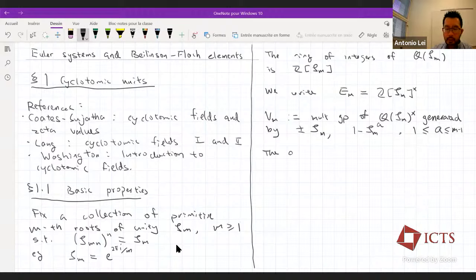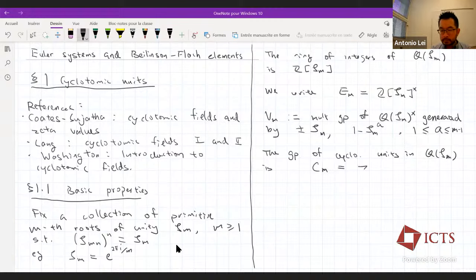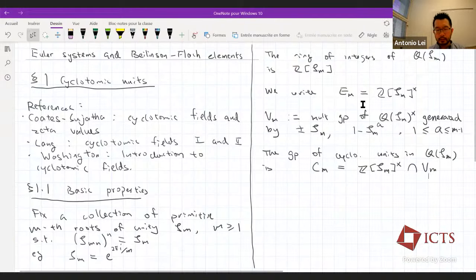Now the group of cyclotomic units in this field, which we will denote by C_m, is the set of units intersected with this group V_m.